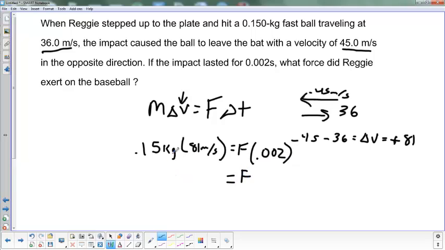You're going to divide both sides by 0.002, and those will cancel. So F is going to be 0.15 times 81 divided by 0.002. And that should give you 6,075 newtons. Calculate that. That's that.